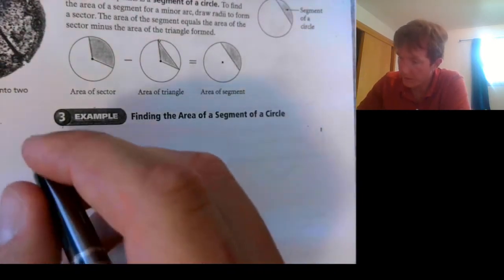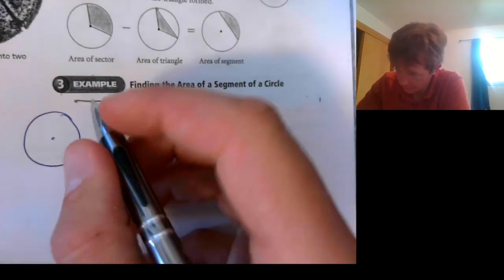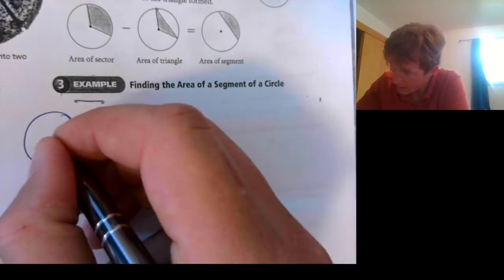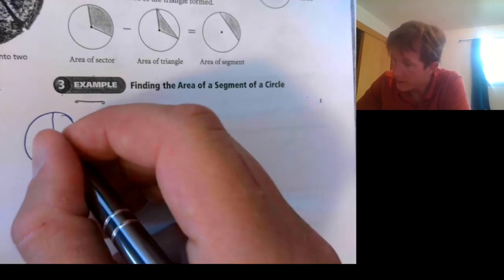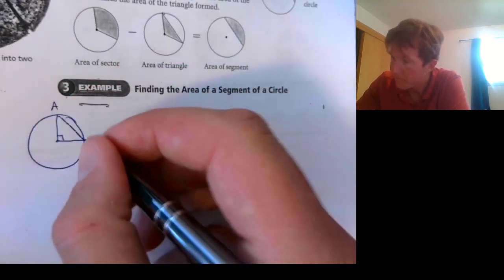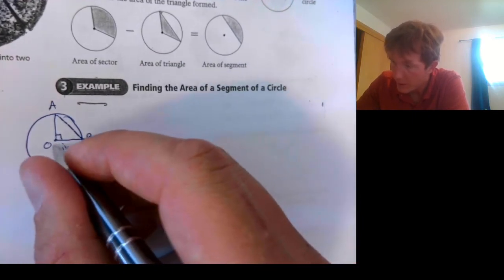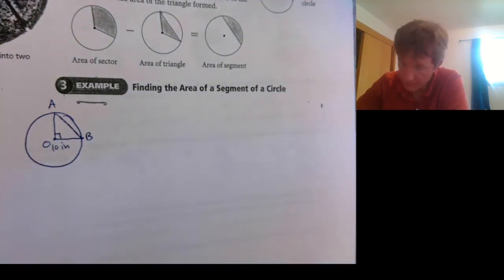So let's look at a circle here, circle O, and it's got a right angle AB, and the radius is 10 inches.